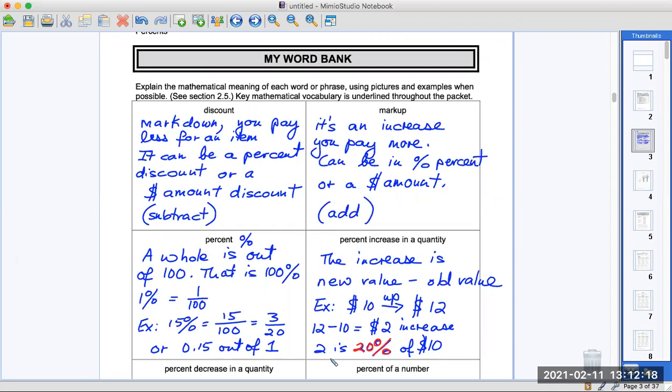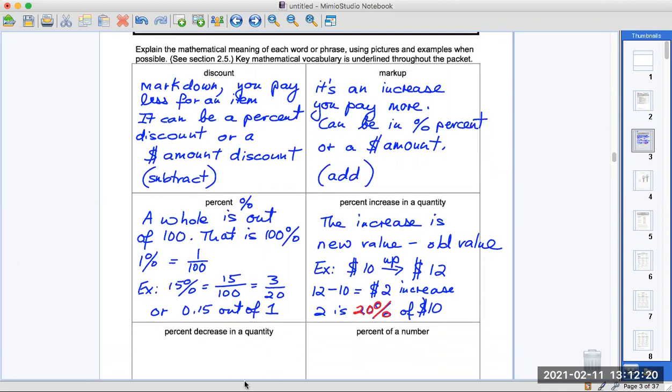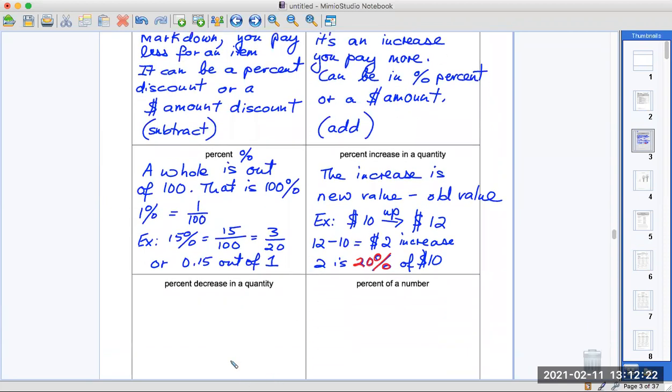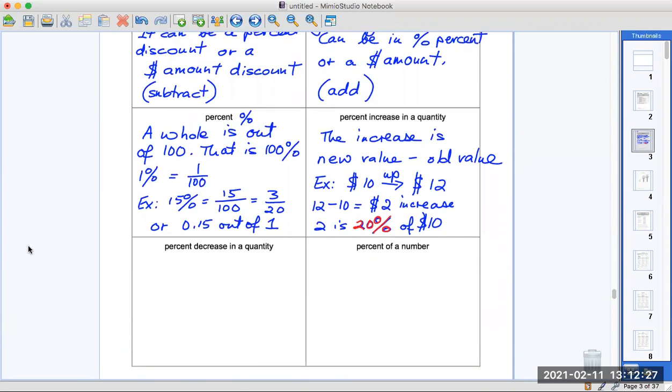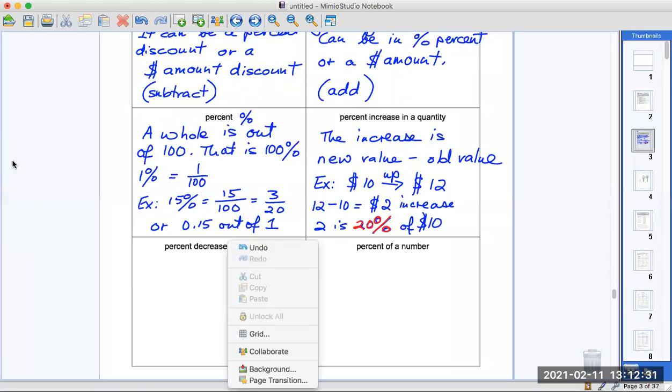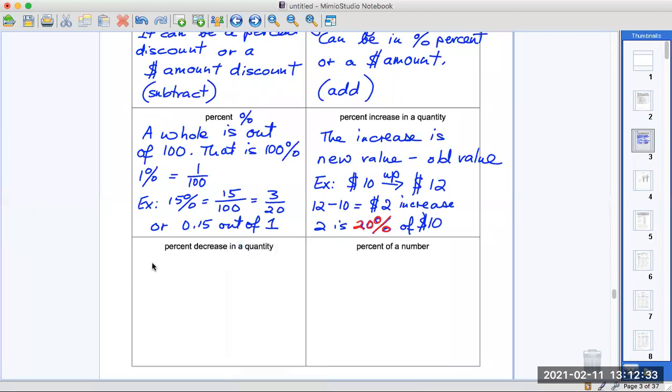Okay. Percent decrease, so something gets cheaper. Decrease is always less. So it's the old value minus the new value.